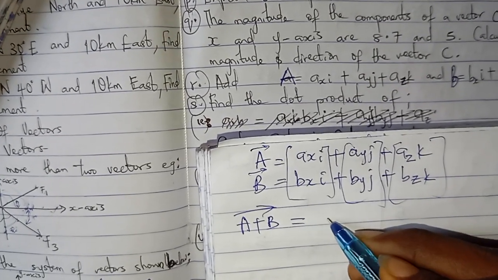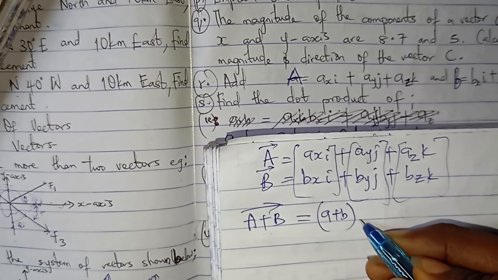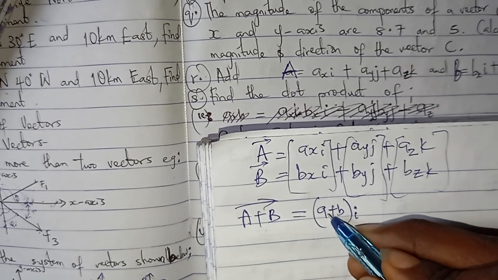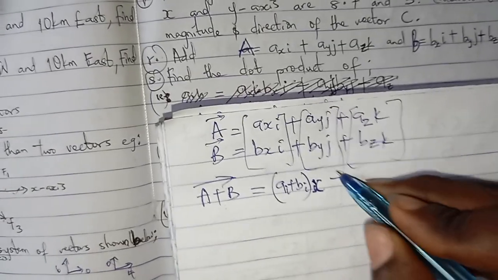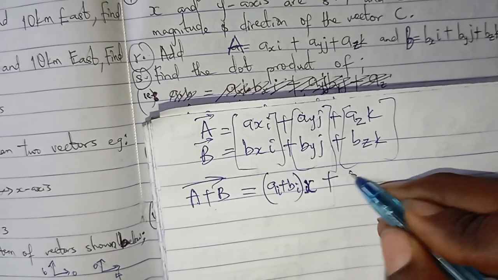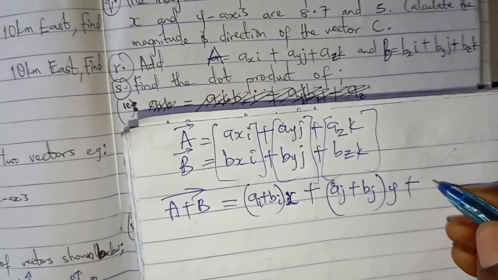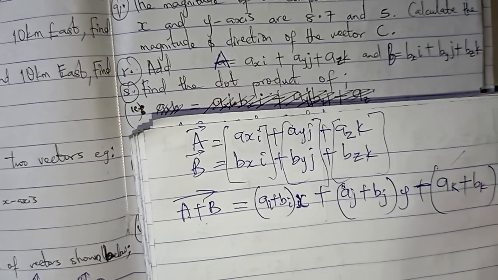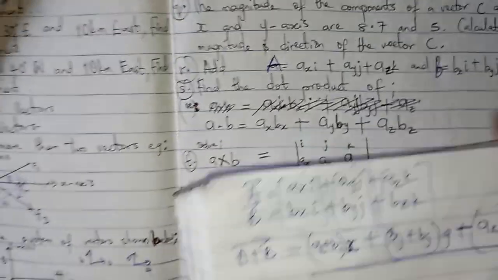It's the same thing as saying A plus B. Everything with i means x, and so we can say (AX plus BX) i, plus (AY plus BY) j, then plus (AZ plus BZ) k. Simple. So let's go to the next one.